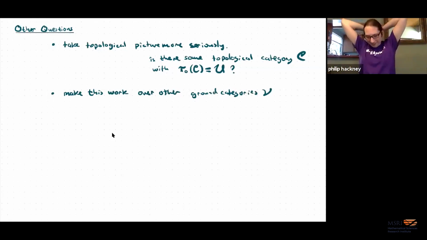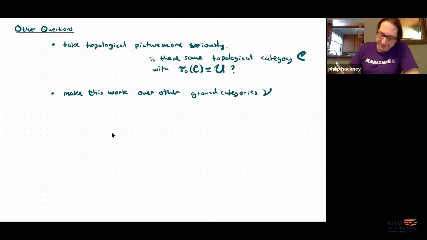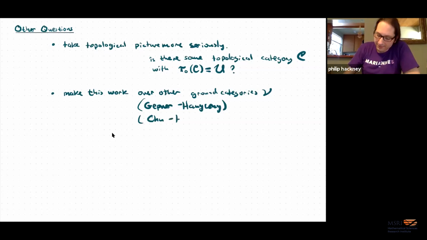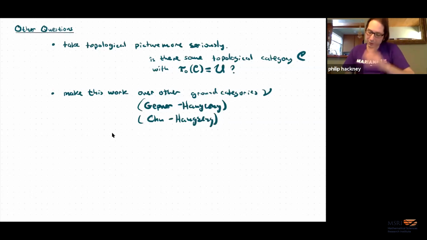Generally, doing Segal conditions isn't going to really work over other ground categories, but I'm thinking about something like David and Runa's work, or Chu and Runa's work on doing this kind of thing for enriched infinity categories.